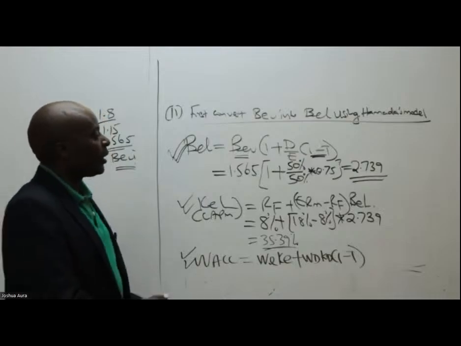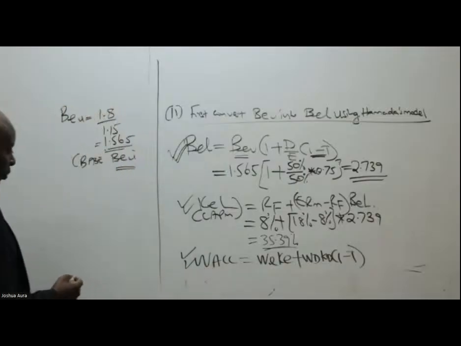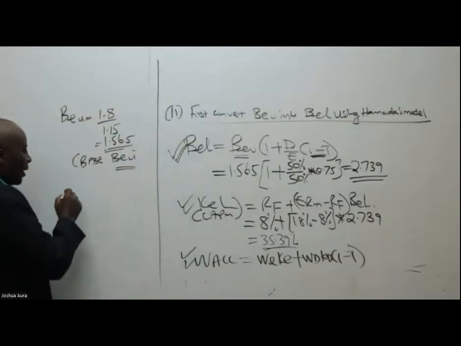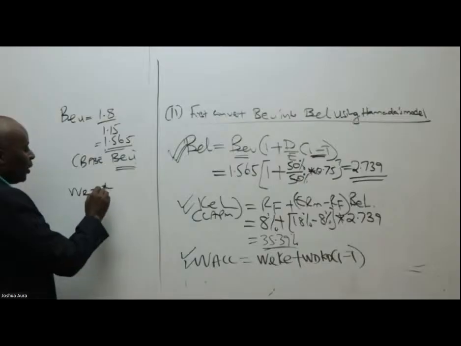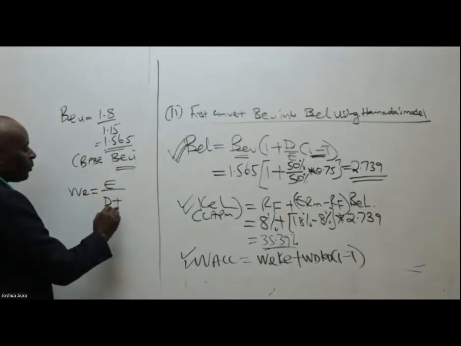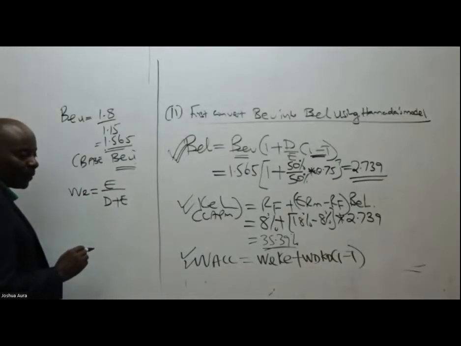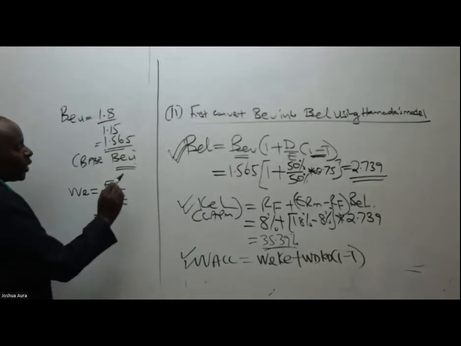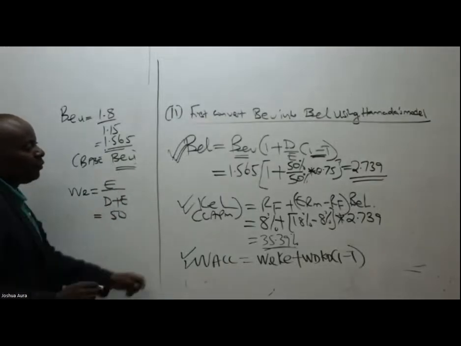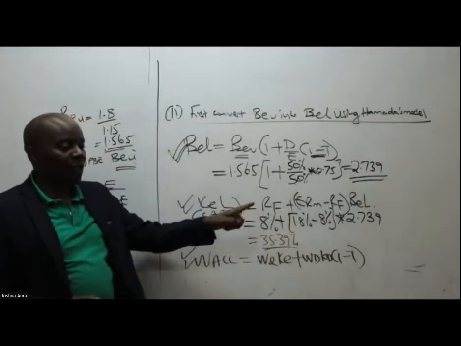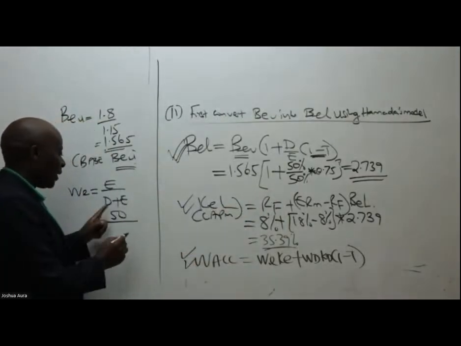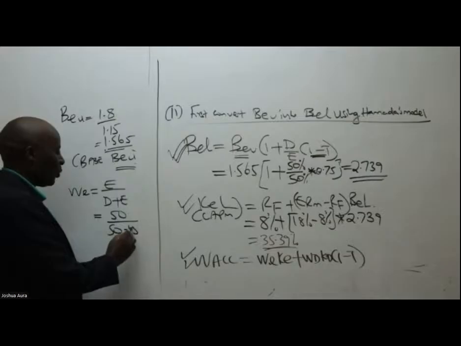So remember that the weight of equity is really 0.5. The weight of equity here will be the equity component over debt plus equity. The equity component, you guys gave me 50. It's 50-50. So 50 equity, all over debt, which is 50, plus equity, which is 50.